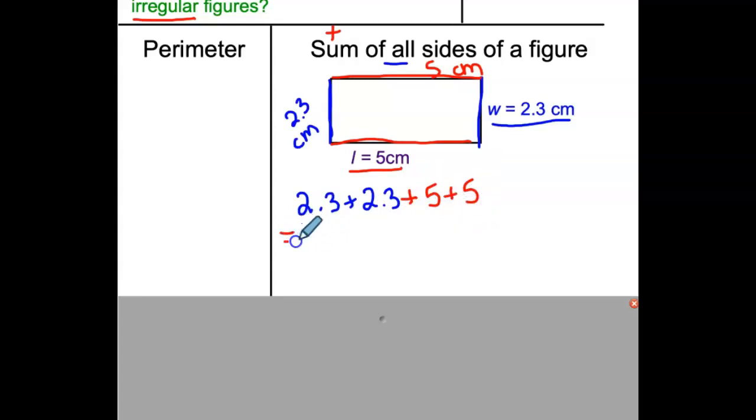So if we do that, we're going to get 4.6 plus 10. I just added these 2 together and then these 2 together. And if we combine those, we get 14.6 centimeters. Don't forget, you are allowed to use a calculator if needed, but I think you'll find a lot of these don't actually require that. So go ahead and pause if you need to. Move on when you're ready.